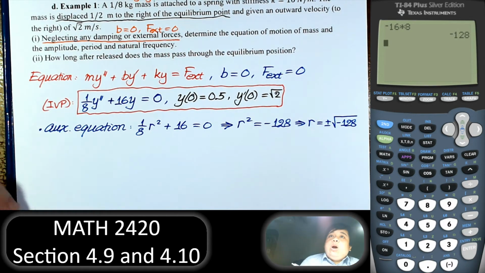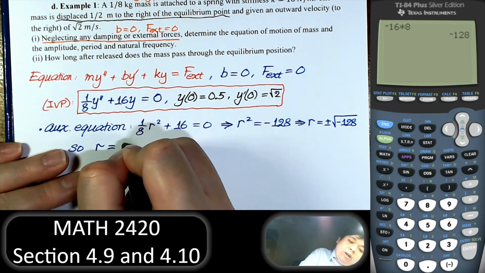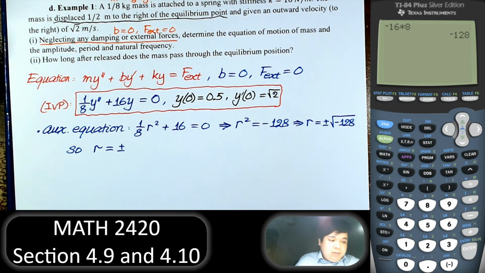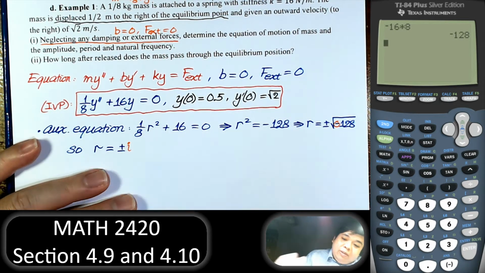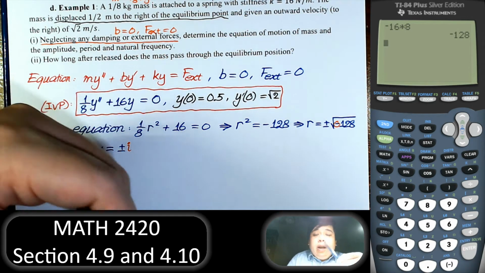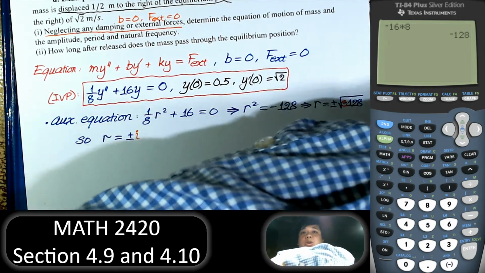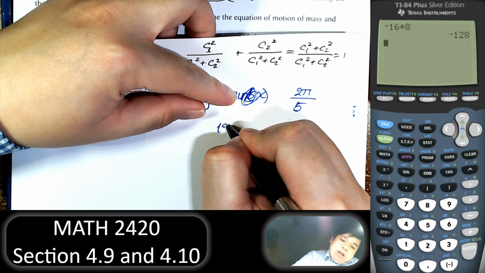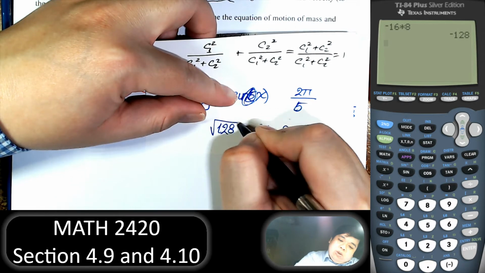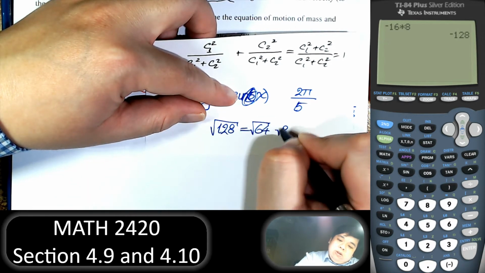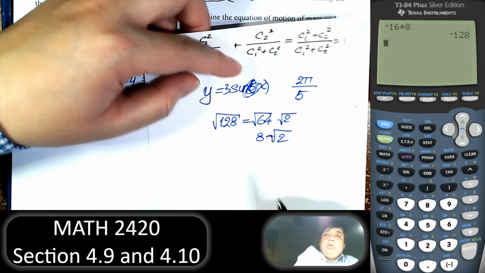When we take the square root, there's plus or minus on both sides. Negative inside the square root, so that is imaginary. So we say r equal to plus or minus, there's an imaginary here, and then square root of 128 is square root of 64 and square root of 2, right? 128 is 64 times 2. Take the square root, so 8 square root of 2.